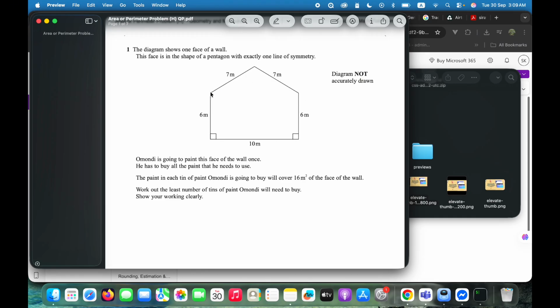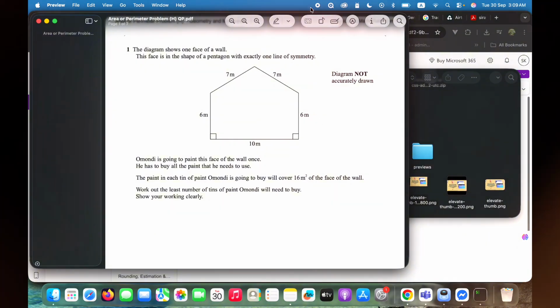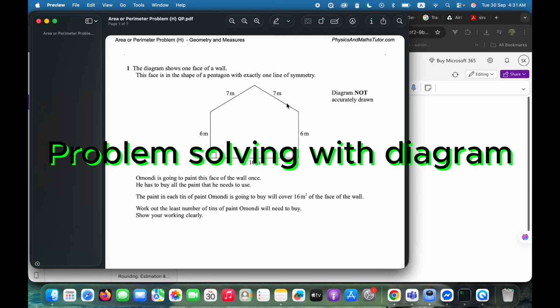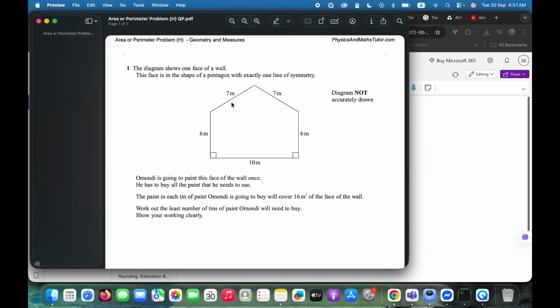We can individually figure out the area of these two parts and then add them up to find the total area, and then we can find the least number of tins of paint that Omondi is going to require. I'll draw this diagram to show how you can calculate the total surface area of this particular face, and through the area you can find the minimum number of tins of paint Omondi requires.